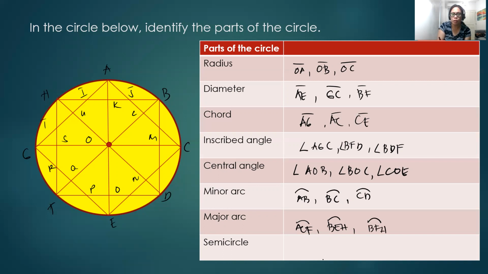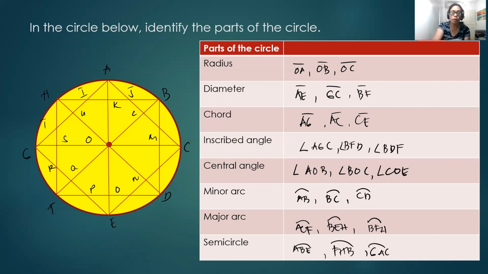For semicircle, we have arc ABE, arc FHB, and arc GAC.